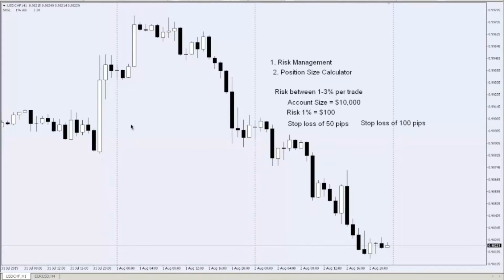In this case, you see there are only 2 parameters: stop loss and risk percentage. Stop loss is in pips. In our case, 50 pips, and you risk 1%. Just click OK, and you see the number over here. This is 2.38.